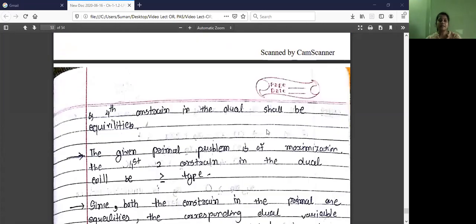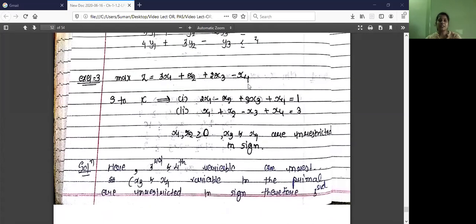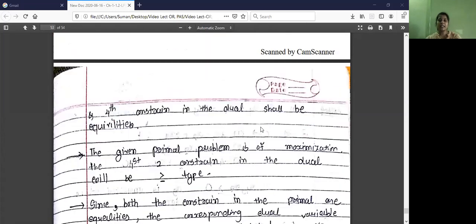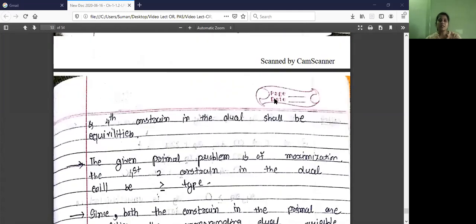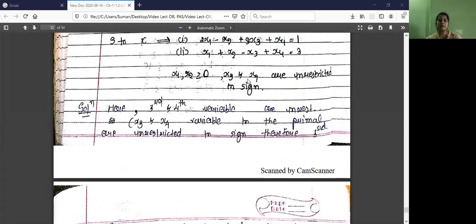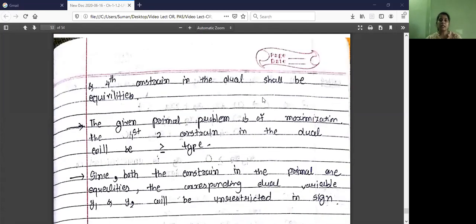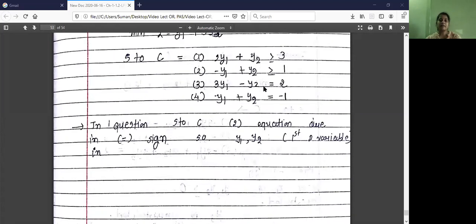But in our third and fourth equations, the third equation is 3y1 minus y2, and the inequality is equal to type. Why? Because we are given two variables x3 and x4, whose places are the third and fourth variables. So in our dual, we write the third and fourth equations as equal to type.